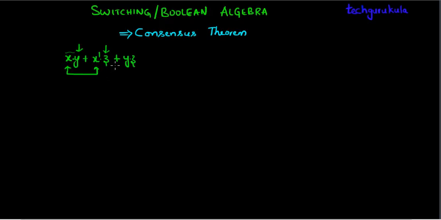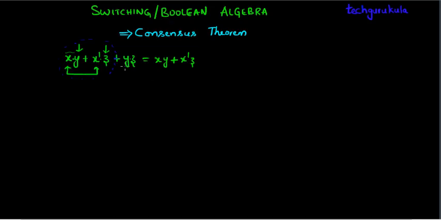For this equation, if we have these two product terms and a third product term, a logical sum, then this equation can be written as xy plus x bar z. This is what it states.